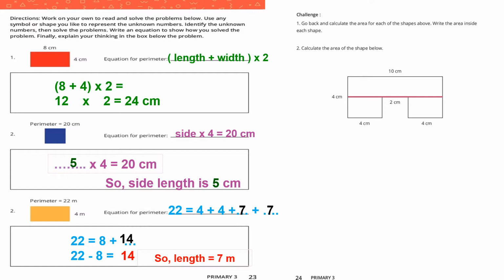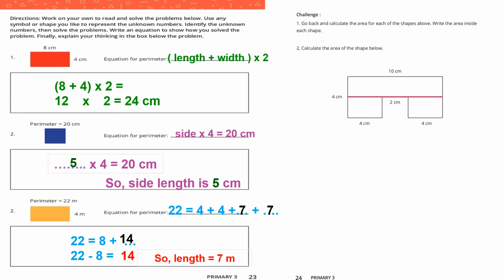So I will find the area of this rectangle, this rectangle, and this rectangle, and add all of them together. Let's find the unknown sides. This rectangle, I know just the length, I don't know the width.